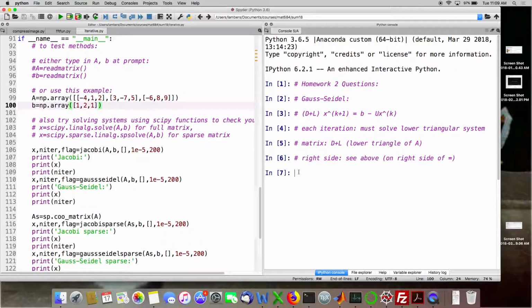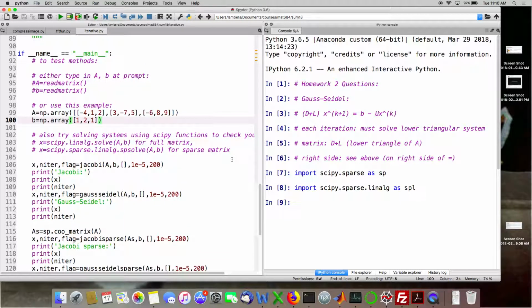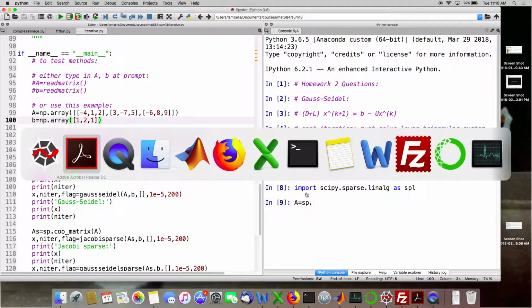All right. Let's try investigating this in general code. So if I make a matrix here, and what I want to do is a random matrix.